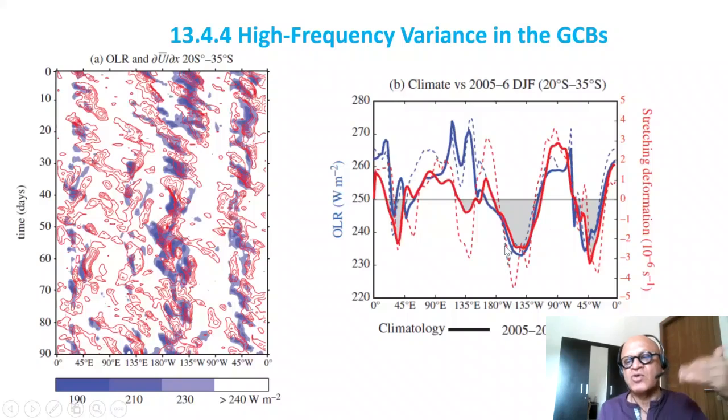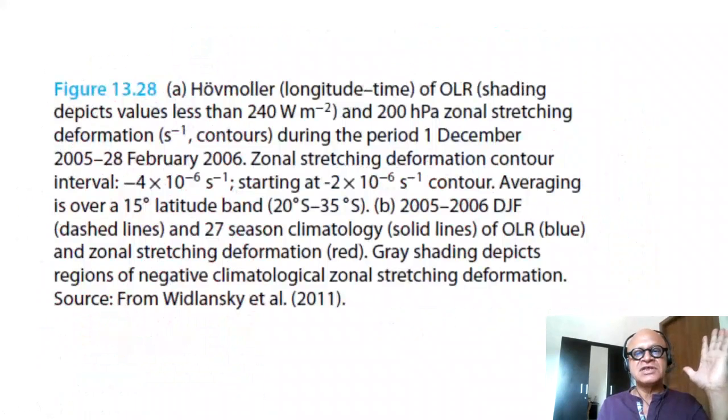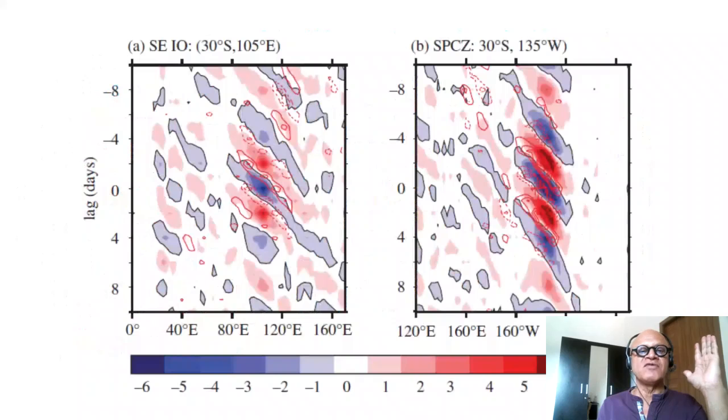The minimum in OLR are associated with the negative stretching, and that corresponds to the upper level stretching and drop in OLR as well. Okay, so again, consistency check with what we have done before.